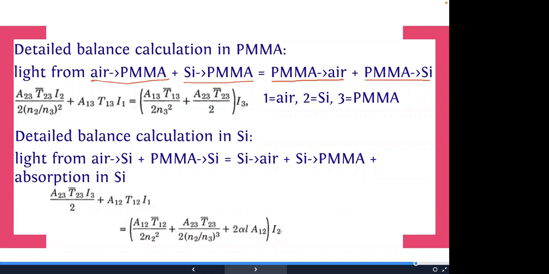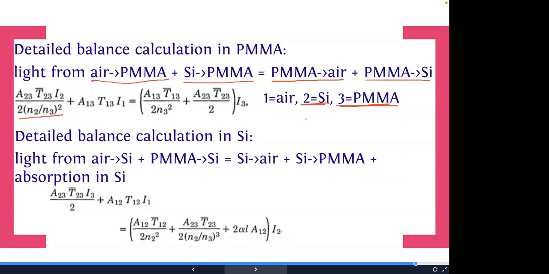You can do it with respect to silicon, you can do it with respect to PMMA. You'll get the exact same result. And the equations are exactly the same as before. We have light coming in from air to PMMA. The indices are defined such that N2 is silicon, N3 is PMMA, N1 is air.